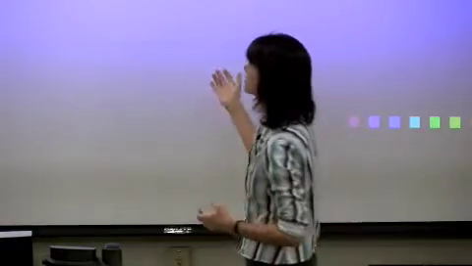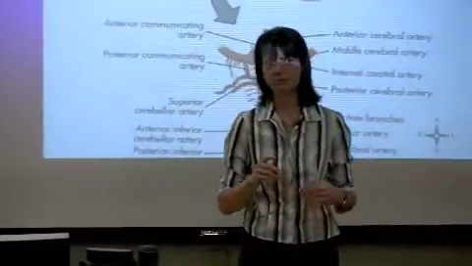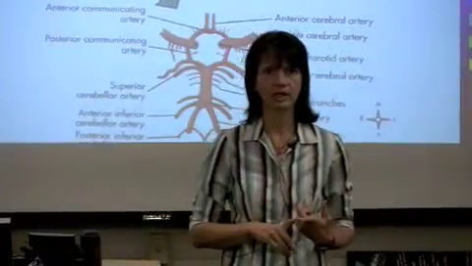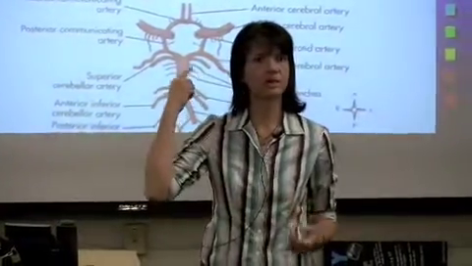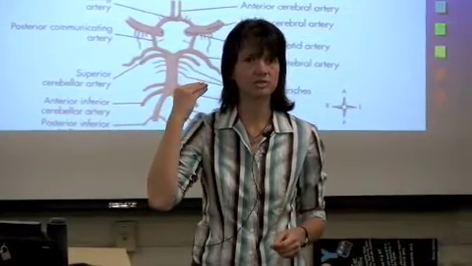So let's do a quick review of the neurological system so that we're all on the same page. First of all, we want to remember that the central nervous system is your brain and your spinal cord. All right? An important thing to understand about this slide, the diagram of the brain, is to look at the circulatory system.